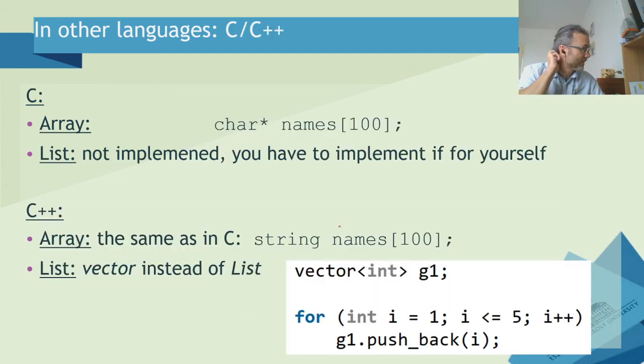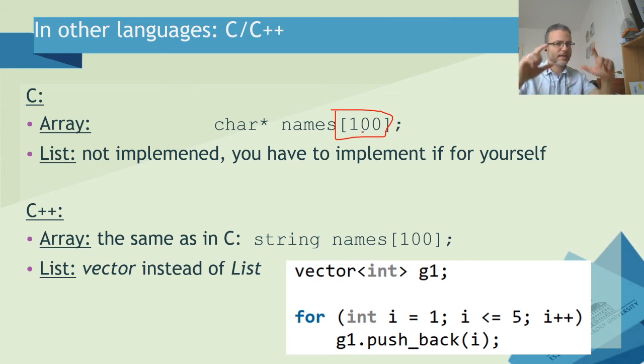Okay, C, C++. In both languages, arrays are basic data types. The syntax is a little bit different. In C and C++, this is how you declare an array with a size defined.